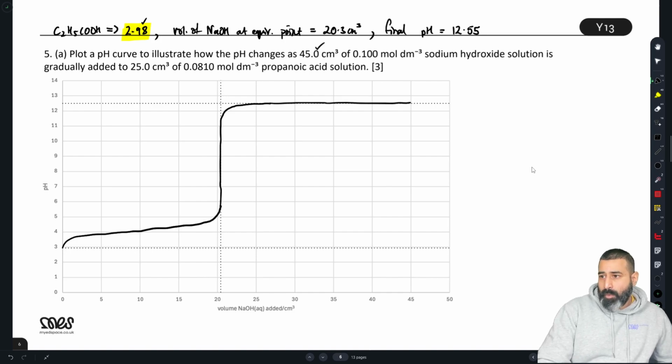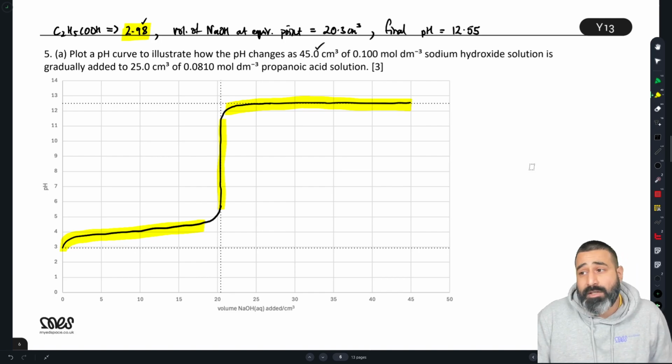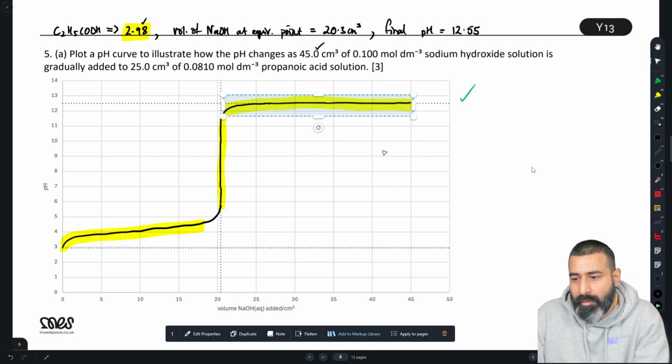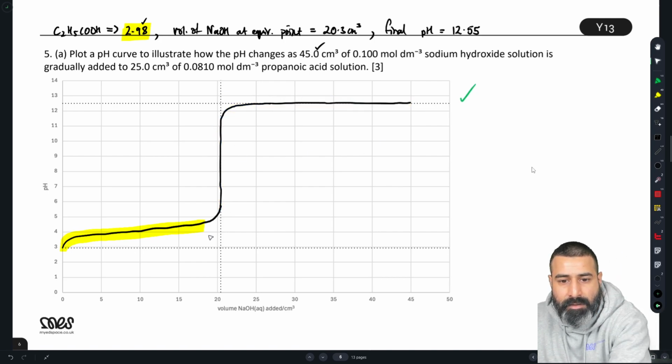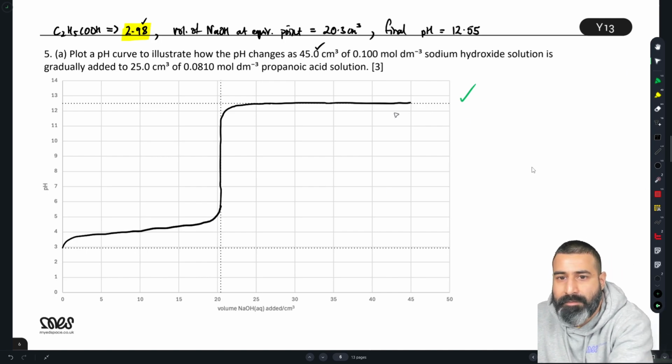So where are the marks coming from? The first mark is coming from this section, going up and then being relatively flat or rising slightly, then a vertical section, and then slight rise, flat section. That's one mark, okay? Right. What's next? Let's get rid of these markers actually.